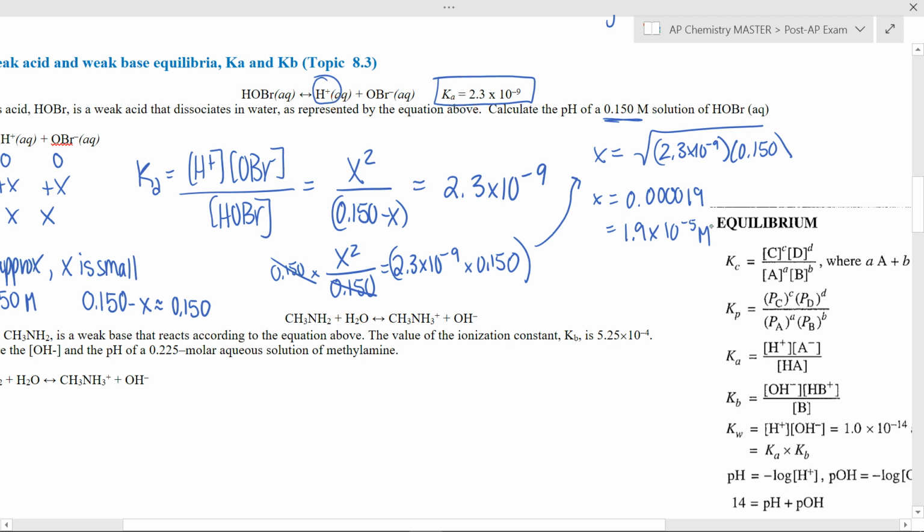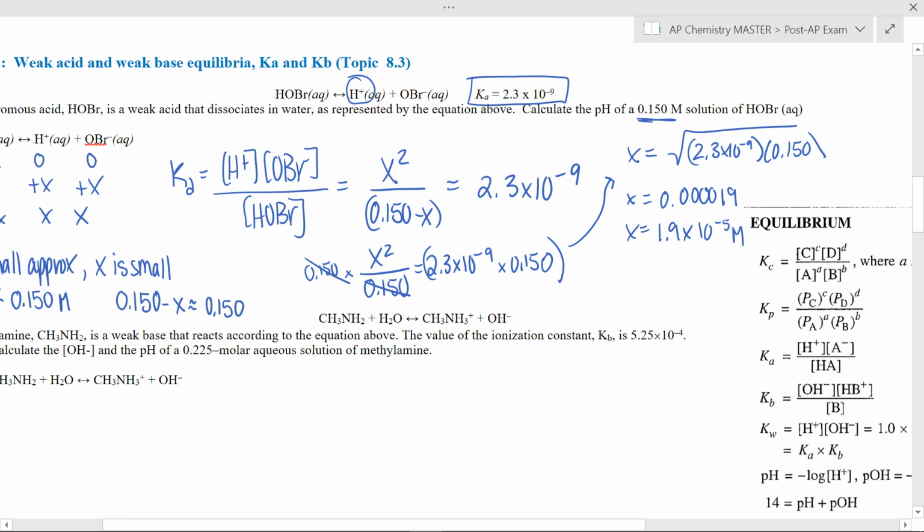I can round that there. And then we have to remember what X represents. Go back to our ICE chart, it represents our hydrogen ion concentration. So now we know what our hydrogen ion concentration is, and if I know hydrogen, then I can find my pH, because my pH is the negative log of the hydrogen concentration. And to do that would be 4.73.